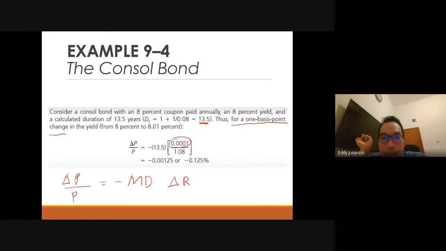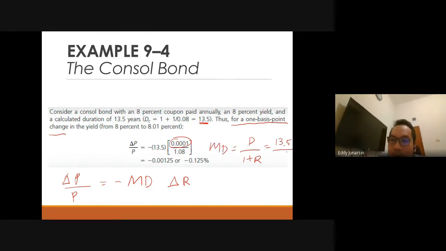And what is the modified duration? It's the duration divided by 1 plus the original interest rate, right? So the duration is 13.5 divided by 1 plus what is the original market rate? Be careful here, we have the coupon rate here, but this is the market rate, right?